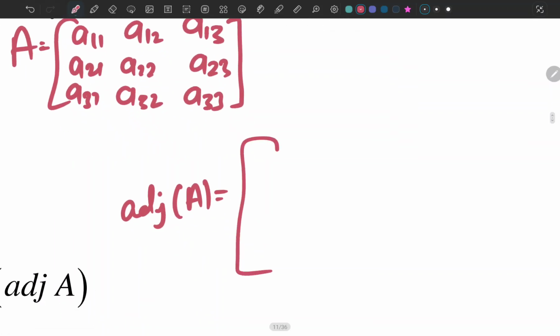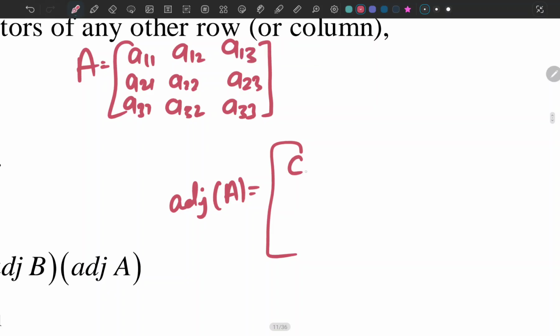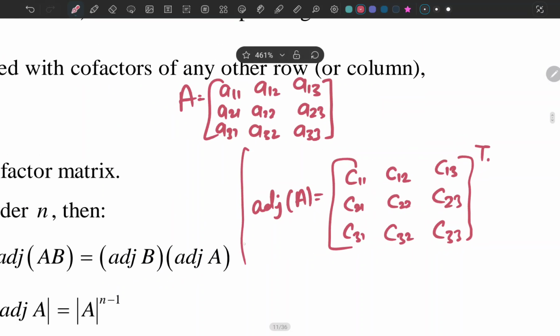So adjoint says take the cofactor of respective terms, that is C11, C12, C13, C21, C22, C23, C31, C32, and C33, right? You take the cofactor of respective terms on their places and then take the transpose of that matrix, and that is what the adjoint of a matrix is all about.